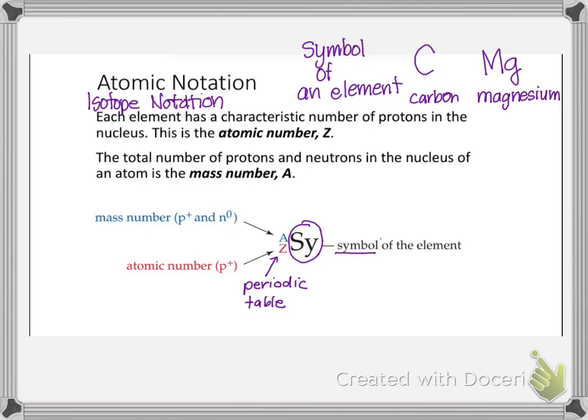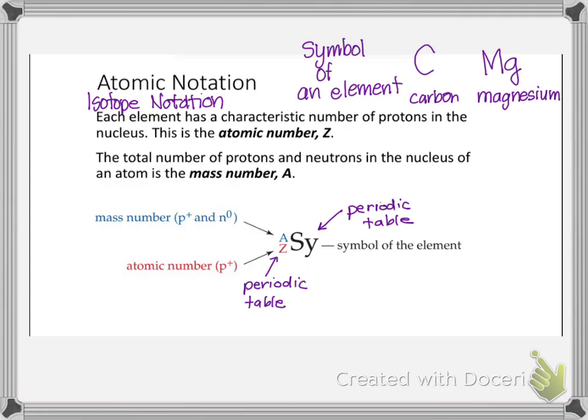It would be carbon, magnesium, whatever the letters are for that. So then in the atomic notation, we can not only get an idea about what element it is and how many protons it has if you know the element, which is also on the periodic table, but we can also discover more about the neutrons. This is a common symbol, especially in nuclear chemistry, but we'll be introducing it to ourselves here.